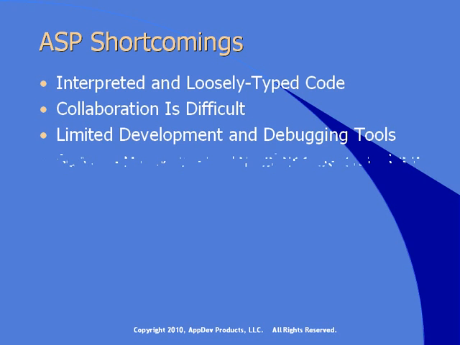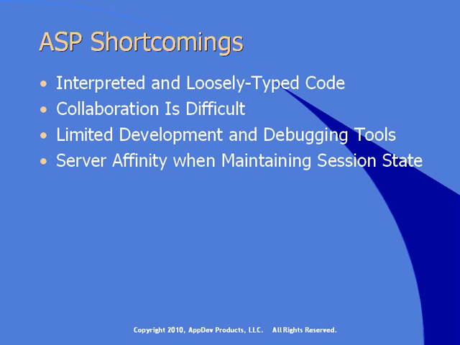One of the big problems with ASP comes when the application gets so big and is so heavily used that you have to distribute it across multiple servers. ASP creates a server affinity for session state that is very difficult to get around.